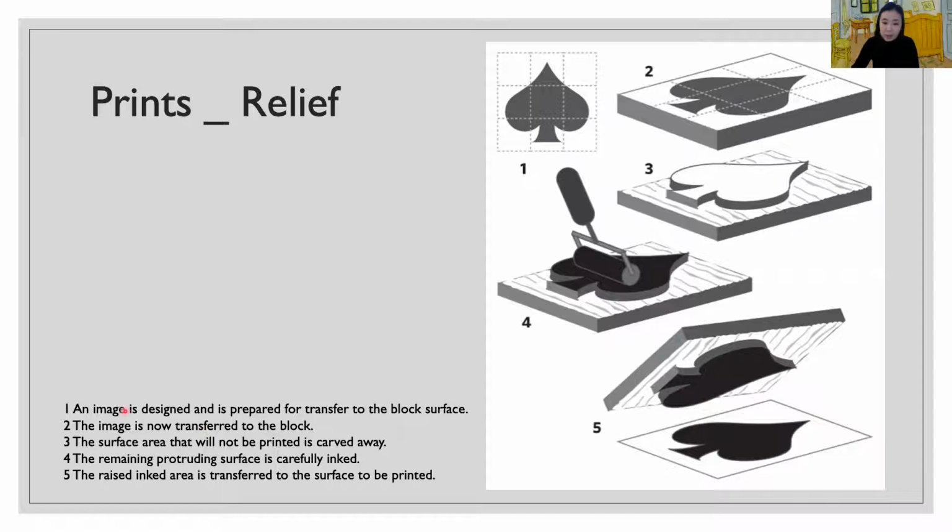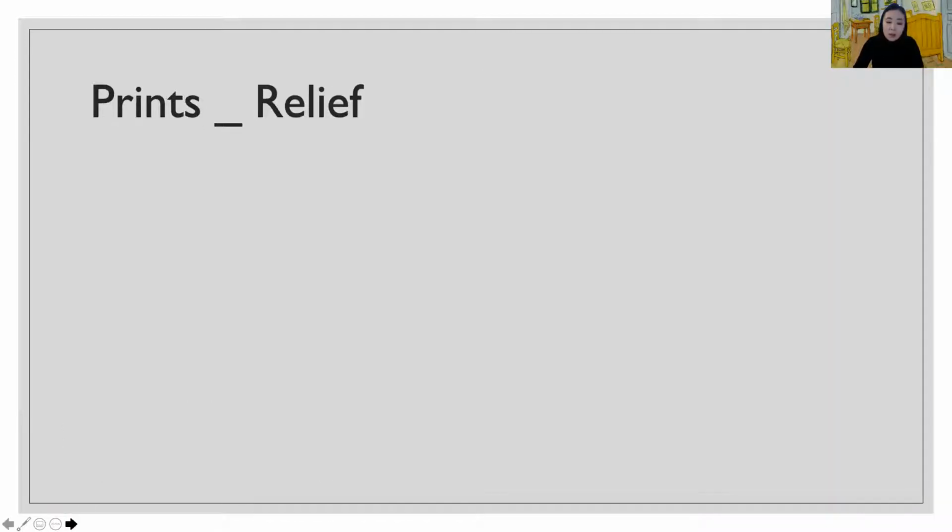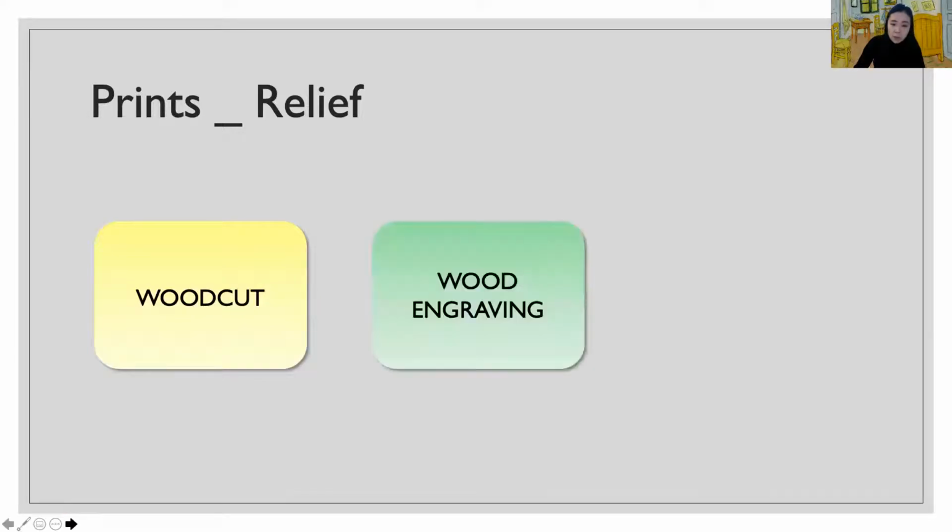So that is the basic concept of the relief printing process. And there are 3 popular ways of relief printing. The first one is woodcut, the next one is wood engraving, and the last one is linocut.